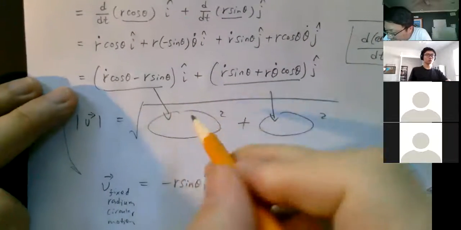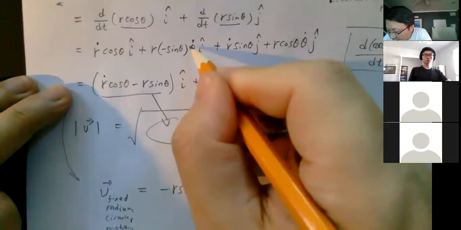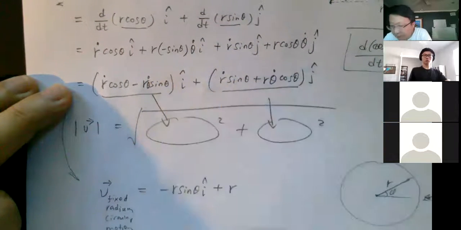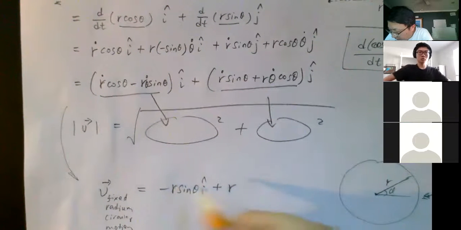Yeah, that's why it couldn't be right. So sorry, here I missed one. Here's theta dot. Sorry. Yeah, otherwise it cannot be right. So this is R. Let me rewrite it.